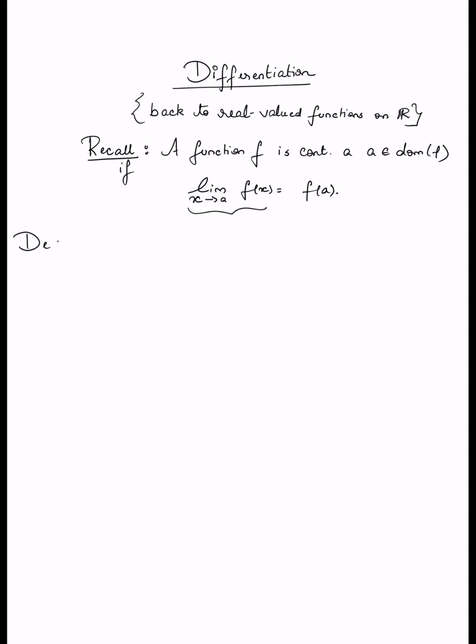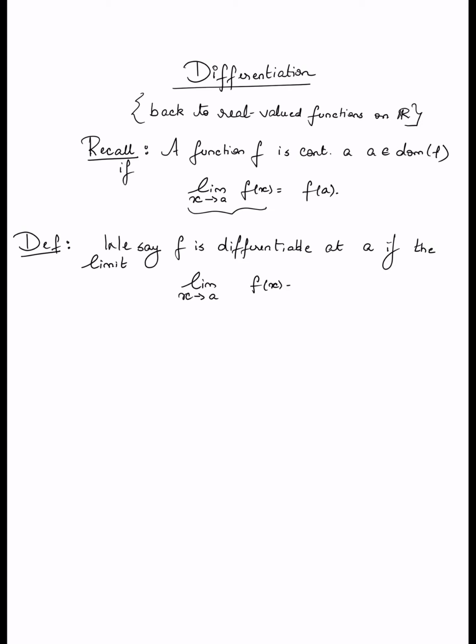All right. So now we can talk about what it means for a function to be differentiable at a. We say that f is differentiable at a if the following limit, as x tends to a of f of x minus f of a upon x minus a, exists and is finite.